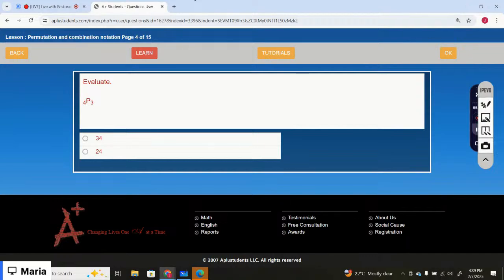4P3. That is 24. Option number 2 is the correct option. 6C2, which is the correct option.